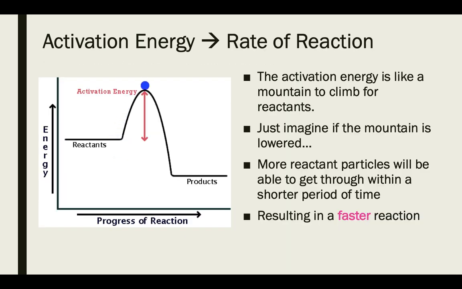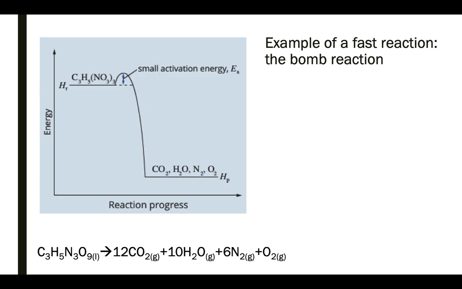Now, the activation energy is like a mountain to climb for reactants. So just imagine if the mountain is lowered. Then more reactant particles will be able to get through within a shorter period of time and therefore result in a faster reaction. Okay.